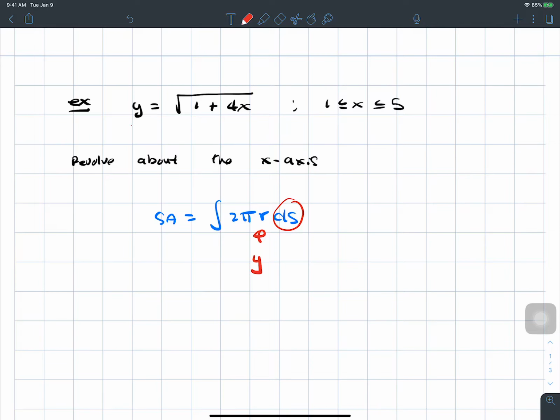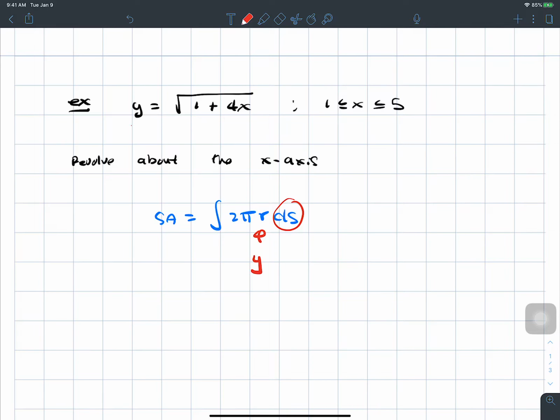I should remark, this is what we need to determine. And we already know what y is. Y is the square root of 1 plus 4x.